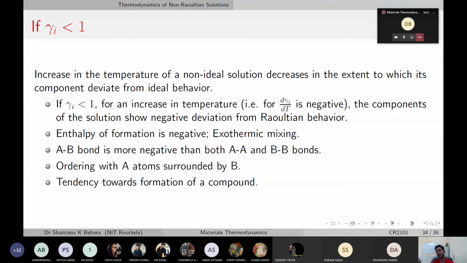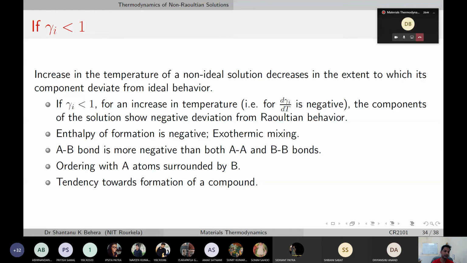And if that is the situation, A would like to be with B, and B would like to be with A. So if you're talking about a solution where A and B are there, and A likes B and B likes A, it's uniform mixing, right?